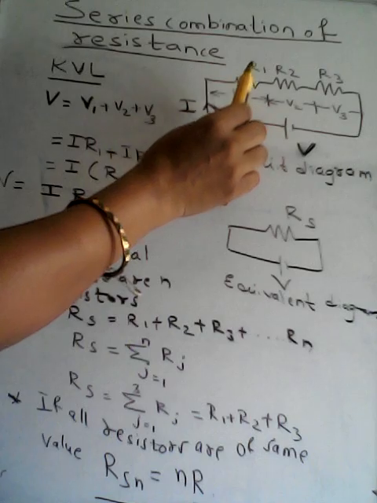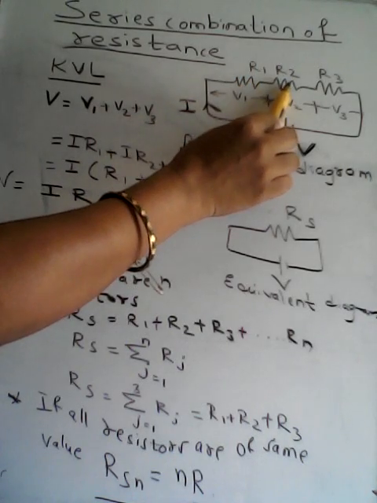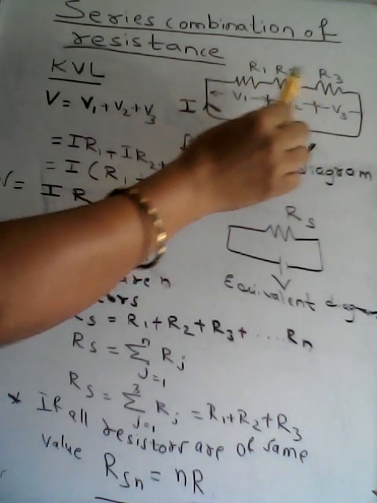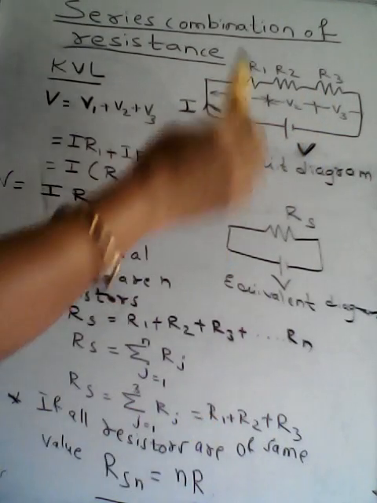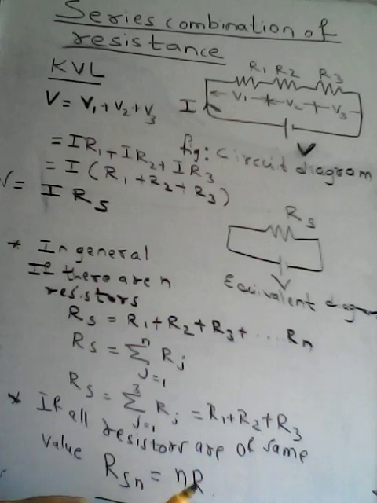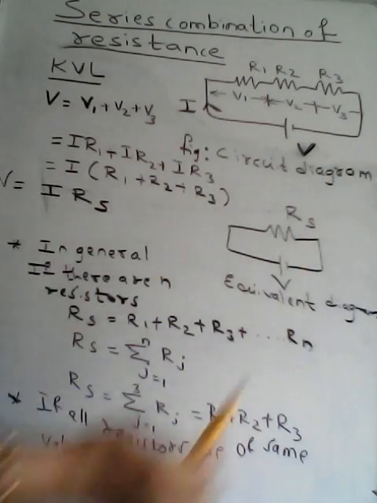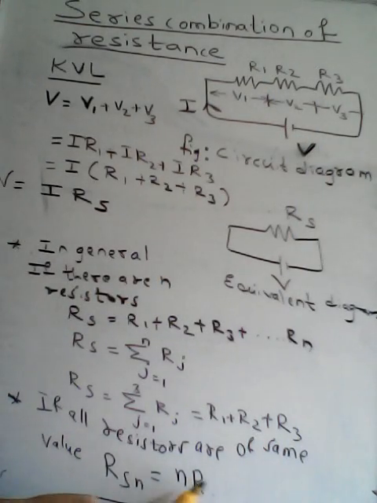Assume that this is 2 kilo ohm, this is also 2 kilo ohm, and this is also 2 kilo ohm. So 2 plus 2 plus 2 is 6. We can directly get that from this: 3 resistors are there, 3 into each of 2, that is 6 kilo ohm.